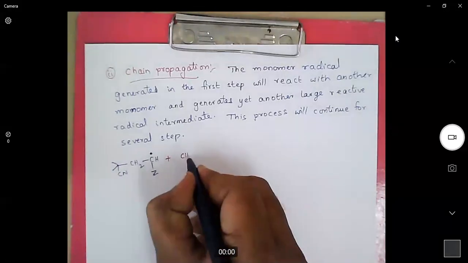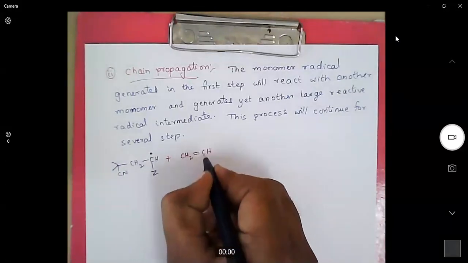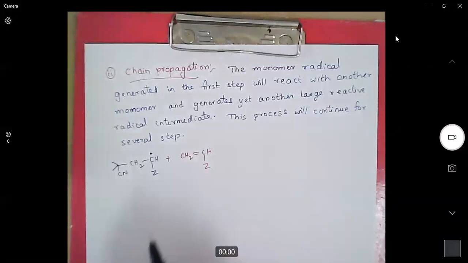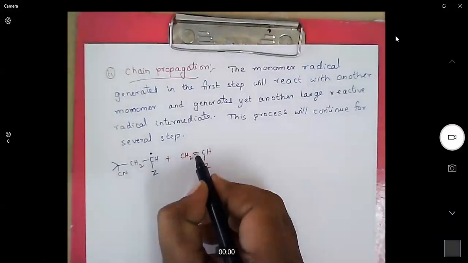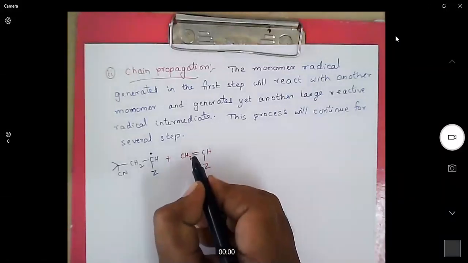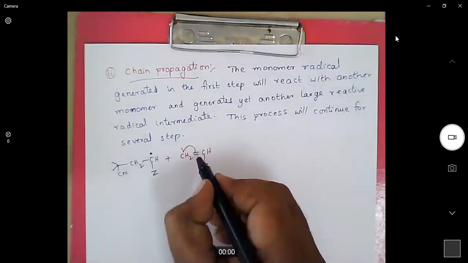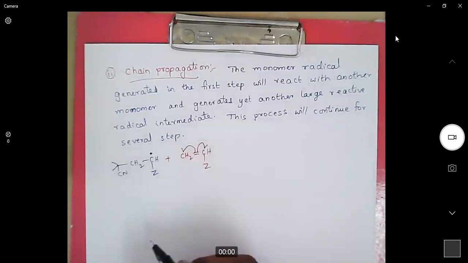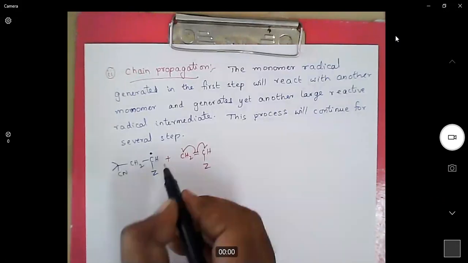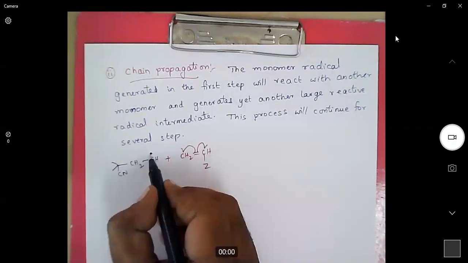Now it reacts with another monomer. So as we know, this double bond will undergo homolytic cleavage. One radical will be polarized towards this CH2. Another radical will be polarized towards this CH. Now the radical on CH2 and the radical on CH, they both will combine and generate a bond.